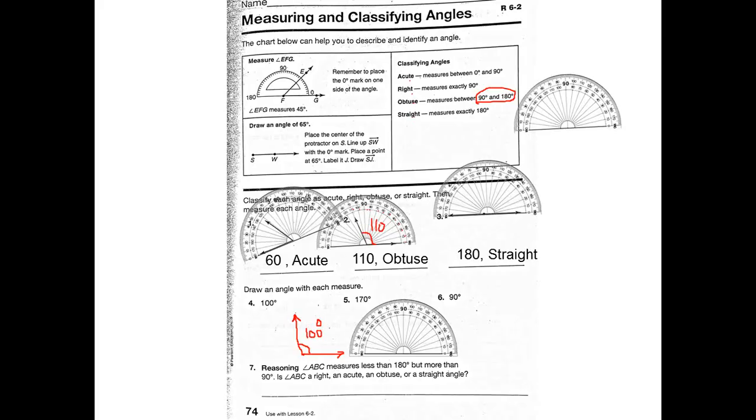Let's try to draw it as well. Okay, we will go from 0, starting from 0 down there, and 10, 20, 30, 40, 50, 60, 70, 80, 90, 100, 110, 120, 130, 140, 150, 160, 170. Here it is, 170.